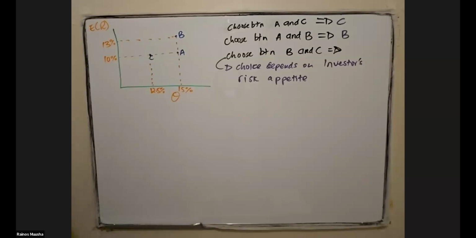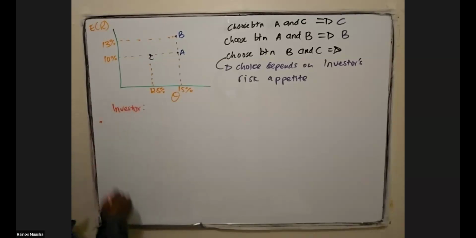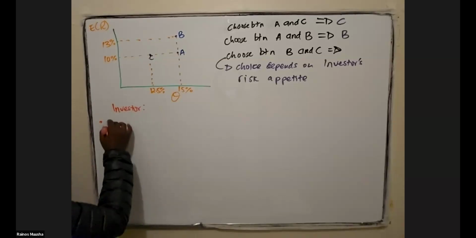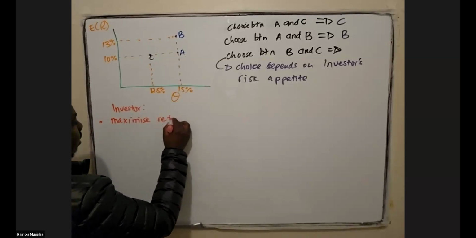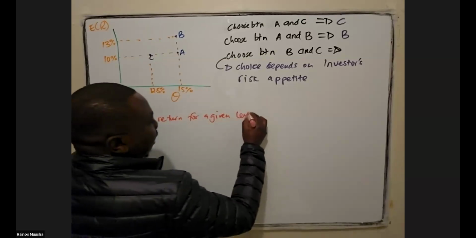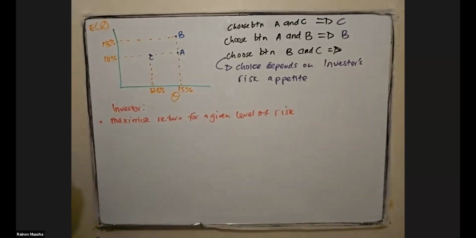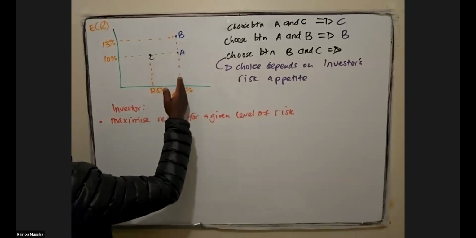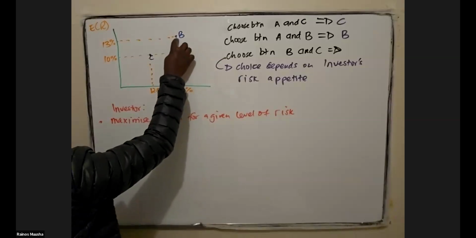So looking at this, in summary, we can say for investors, their goal is to maximize return for a given level of risk. So for a given level of risk, ideally, you would expect a rational investor to maximize the return.